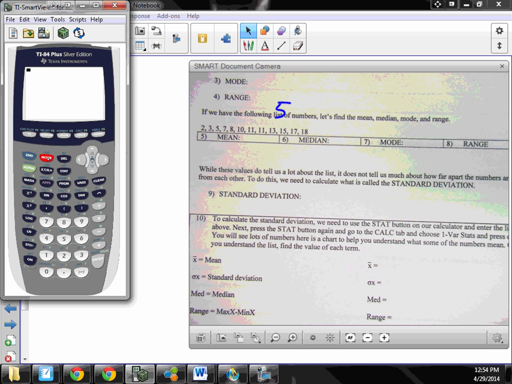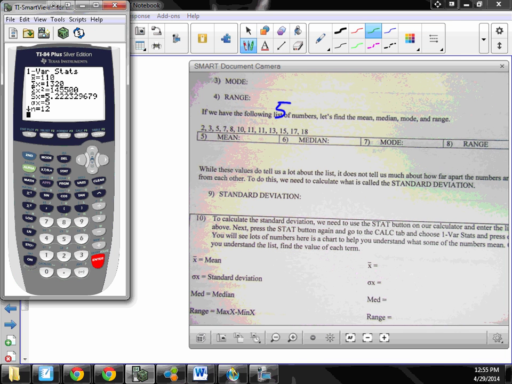Okay, now I'm going to calculate my one variable statistics again, and the standard deviation didn't move. How come? Right, have the distances from the mean changed? My mean changed. What is my new mean? 110.